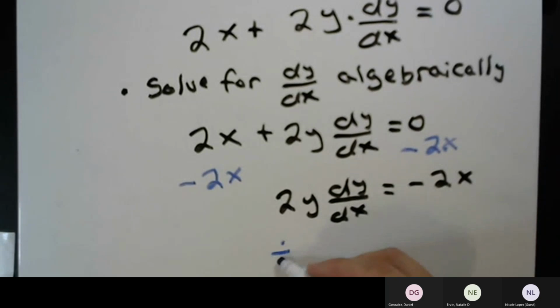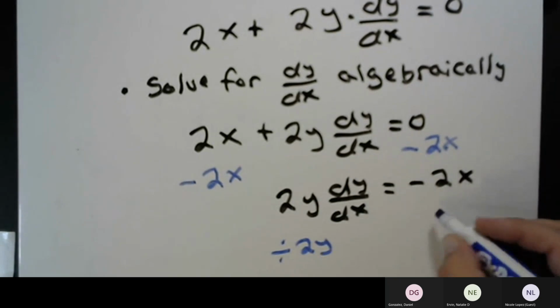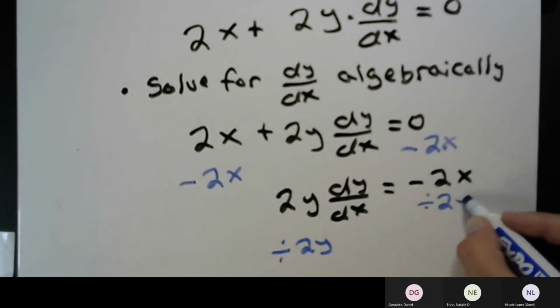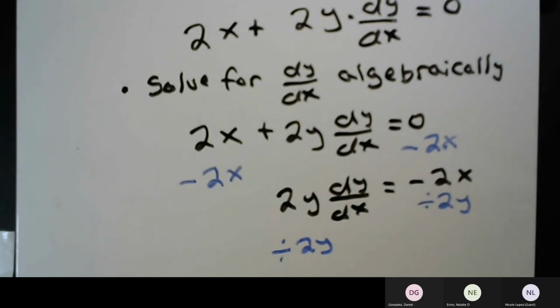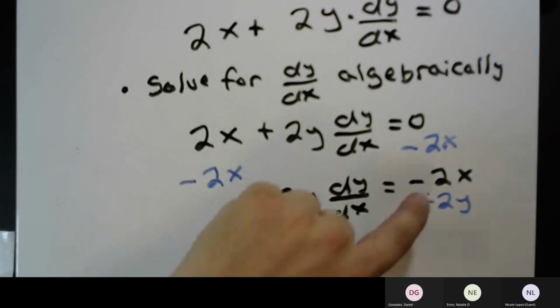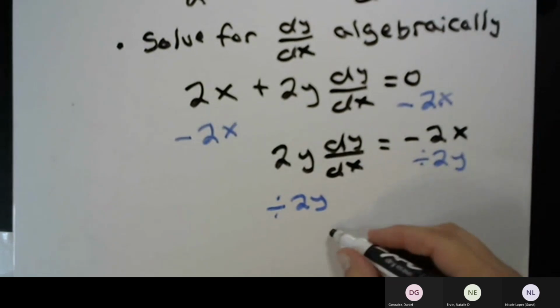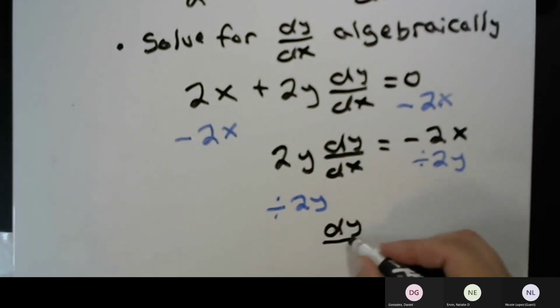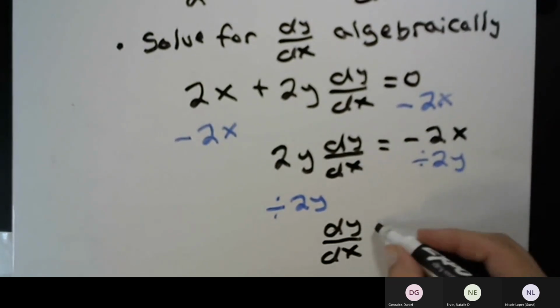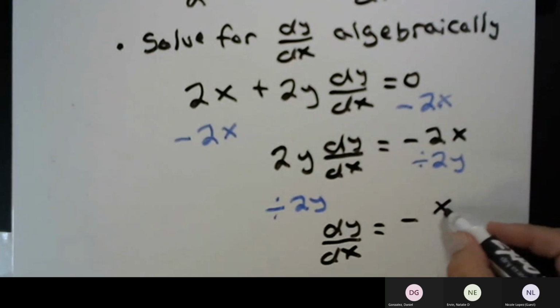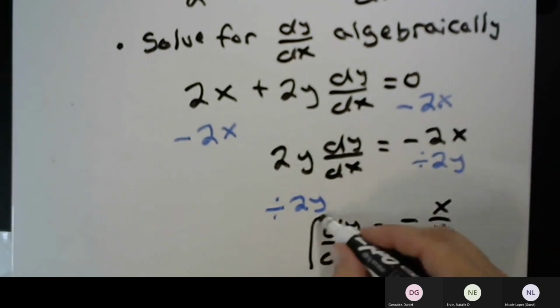Divide both sides by 2y. The 2's will cancel. So what we're going to get is dy/dx is equal to negative x over y.